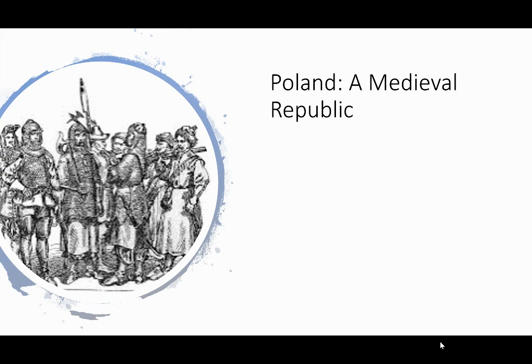The nobles. And those nobles have what we call Polish liberties. There are four Polish liberties you need to know. And these are the Polish liberties that ultimately decentralize Poland, because the nobility absolutely wants no centralization. What were they?